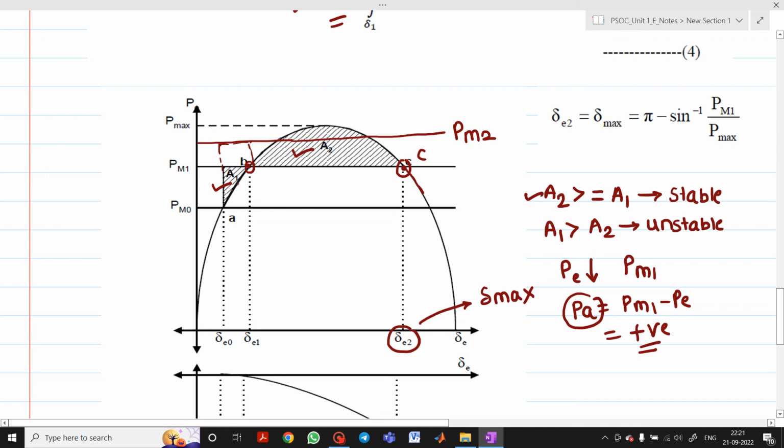This total area will act as accelerating power, and this area will act as deaccelerating power. Here A2 will be less than A1, so the system will tend to become unstable.